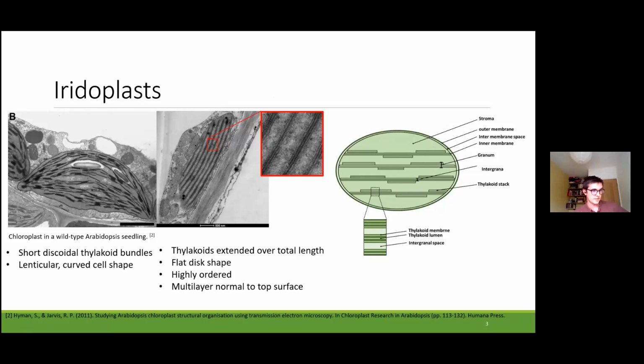So whereas classic mesophyll chloroplasts have these short bundles of stacked thylakoids arranged in fairly random orientations, iridoplasts have their thylakoids extended over the whole length of the body and arranged into these very well-ordered multi-layer stacks. So here the dark bands in the TEM images are the grana, which is where the thylakoid membranes are contained.